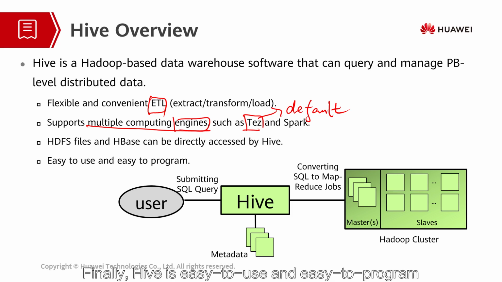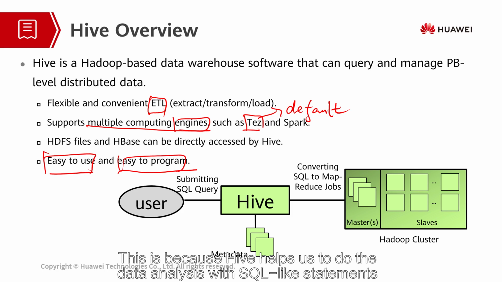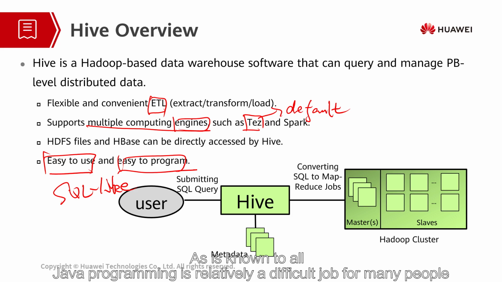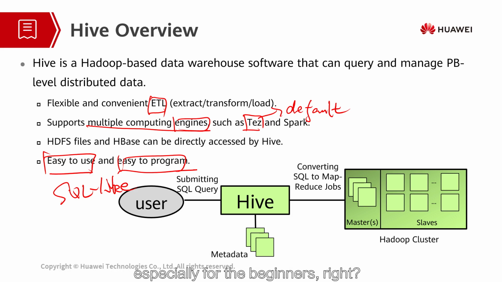Finally, Hive is easy to use and easy to program. This is because Hive helps us to do the data analysis with SQL-like statements, rather than writing code with Java or Scala. As is known to all, Java programming is relatively a difficult job for many people, especially for beginners, right?